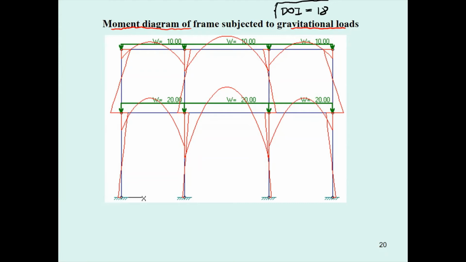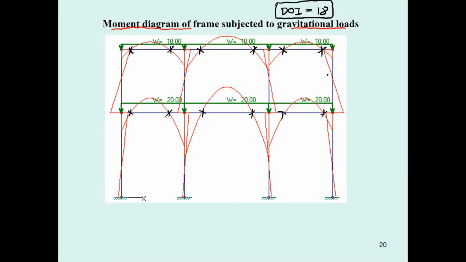If you analyze this frame by using the approximate analysis, you have to find 18 assumptions. You can see this is the point: the frame has the inflection points, 6 on the roof and also 6 on the second floor.